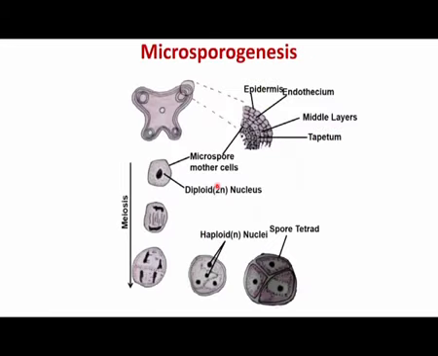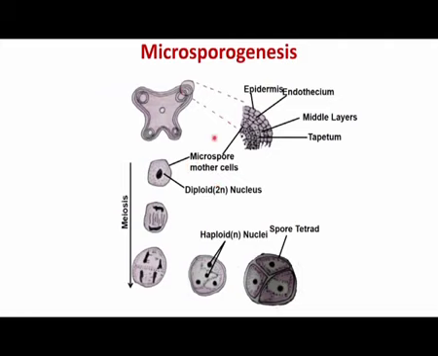So, microsporogenesis is the process where, during the development of the microsporangium, the cells of the sporogenous tissue, which we have discussed in the previous slide, in the pollen sac may divide in multiple planes and finally separate from each other to function as the microspore mother cells.